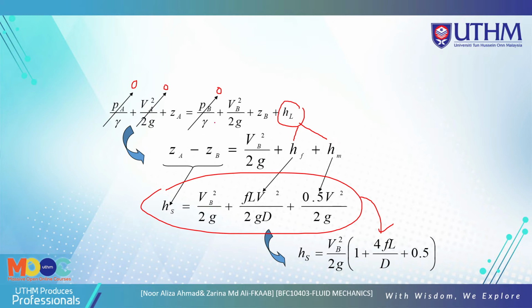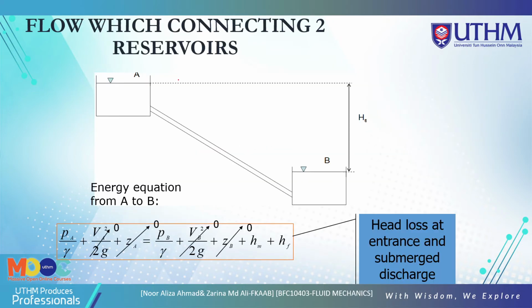But for the two reservoirs, A and B are also open to atmosphere, so you must use the energy equation from A to B with HM plus HF. The velocity at A, and PA is not mentioned as 0, or PB as 0, so you must include the PA and PB here.